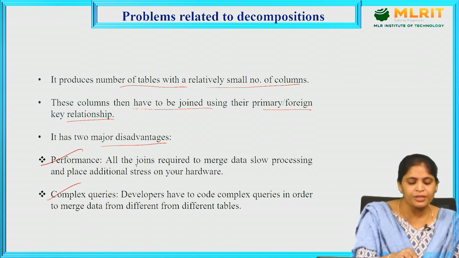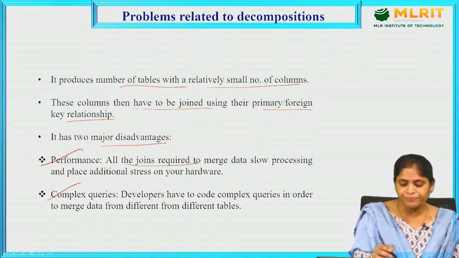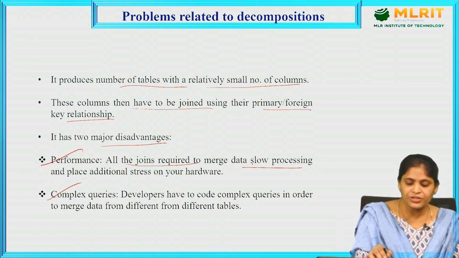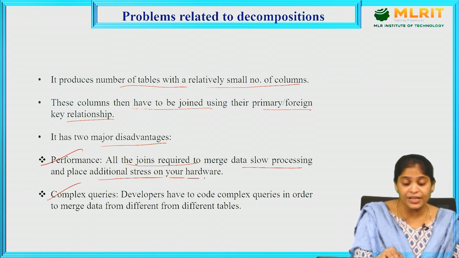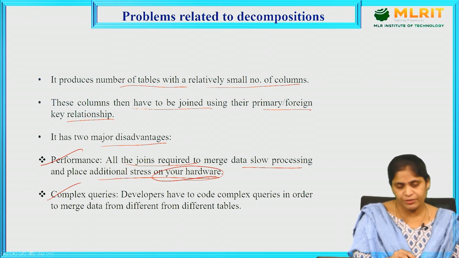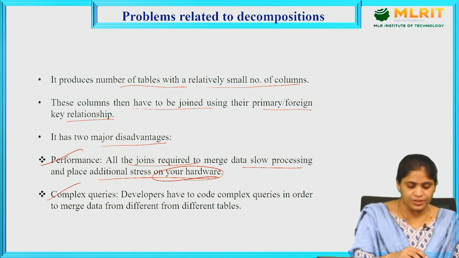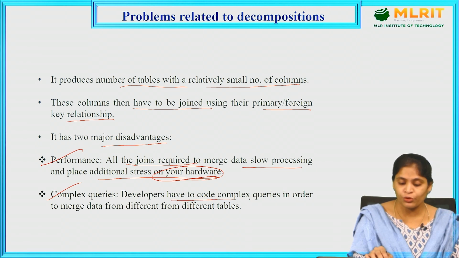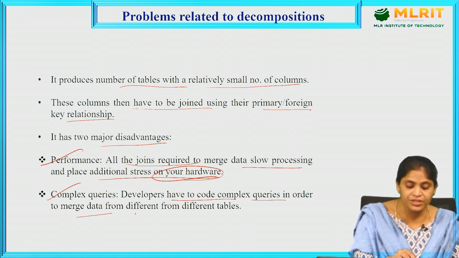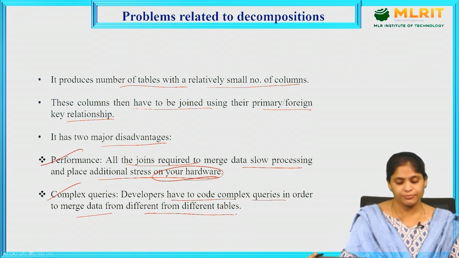What is performance? Here, to join or merge all the data causes slow processing and places additional stress on your hardware in terms of memory and processing time. Next, complex queries. Developers have to code complex queries in order to merge data from different tables.